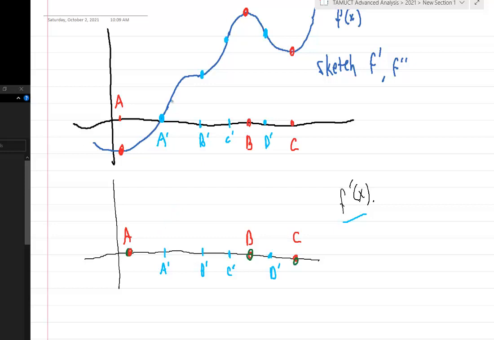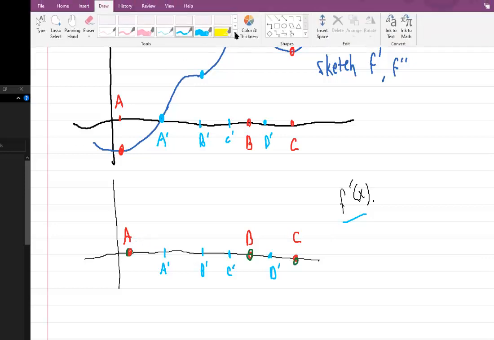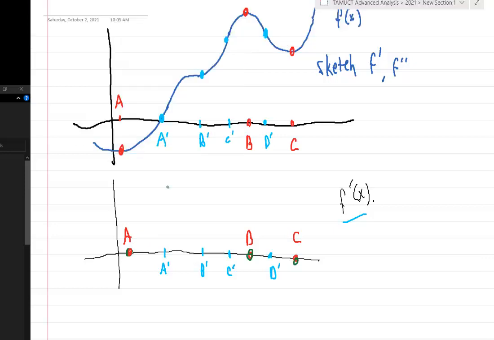Since the derivative is getting bigger and then smaller, this must be a maximum. So the derivative is becoming bigger, max here, and then smaller. Now B is going to be a minimum. In fact, the derivative here is very close to 0, so it's going to come down and be like this.